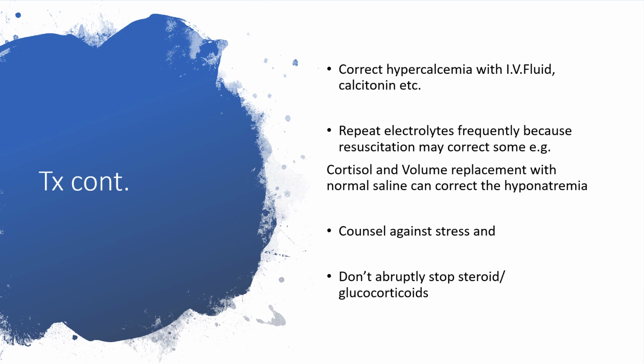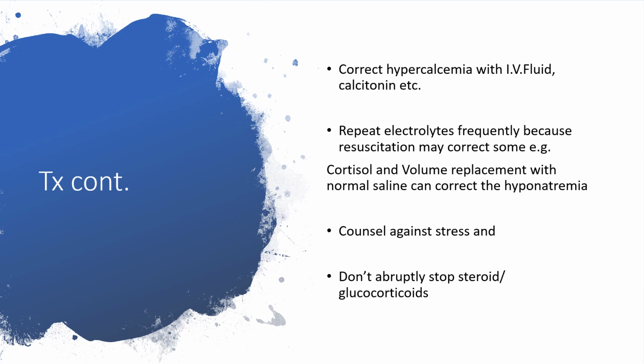Still on treatment, we can correct hyperkalemia with IV fluid and calcitonin. Okay, we have to repeat electrolytes frequently because resuscitation may correct some particular problem like cortisol and volume replacement with normal saline can correct hyponatremia. That is why, post-resuscitation, we have to repeat electrolytes.